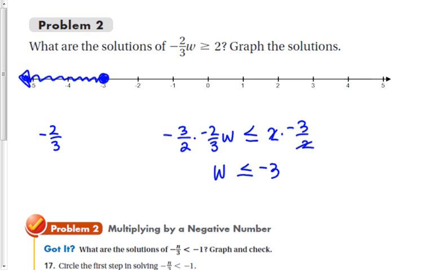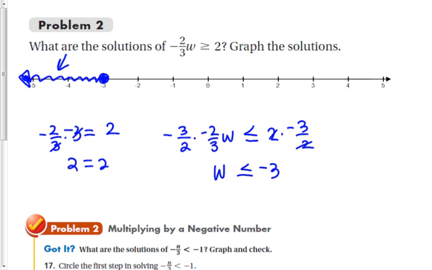To check that, my boundary point is negative 3. So negative 2/3 times negative 3 should equal 2. And that is equal to 2, and a negative times a negative is positive, so that checks. And then I'm going to check some number inside my solution set. I want to pick a number that I can multiply by negative 2/3 real nice, like negative 6.